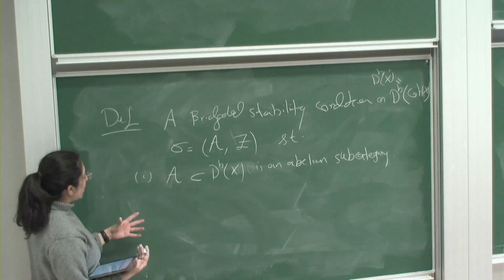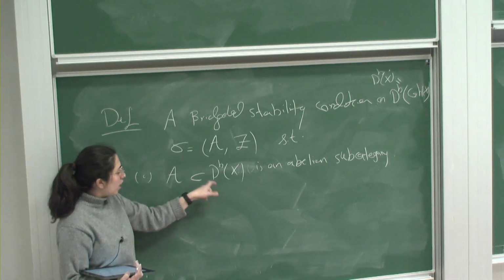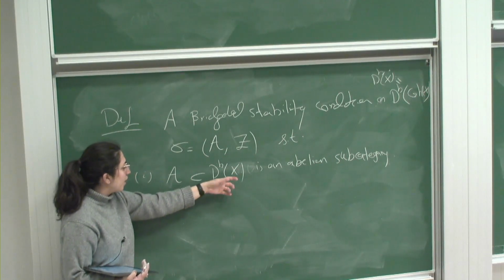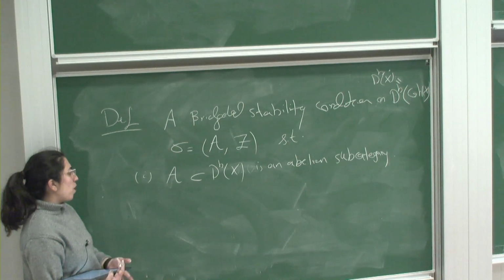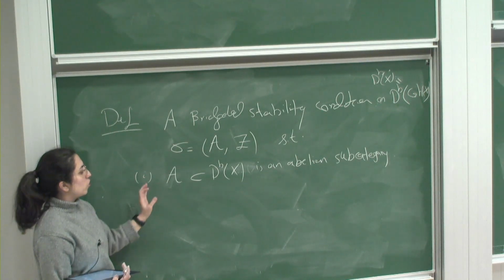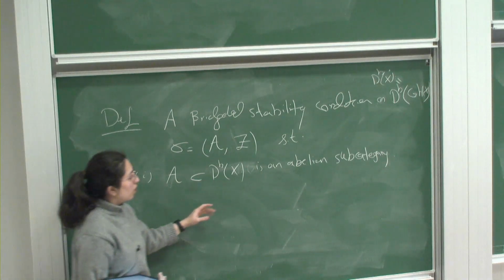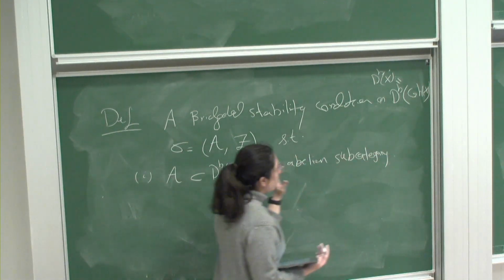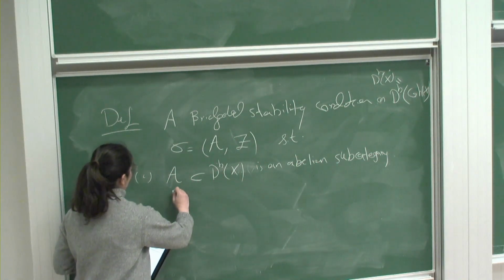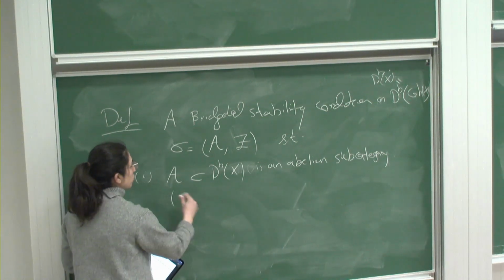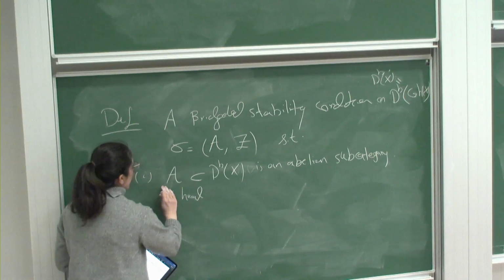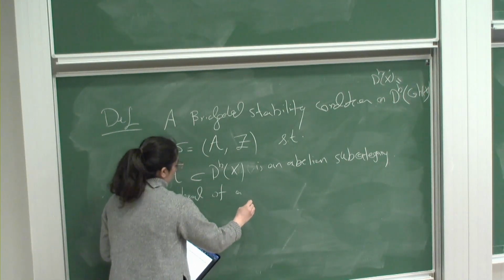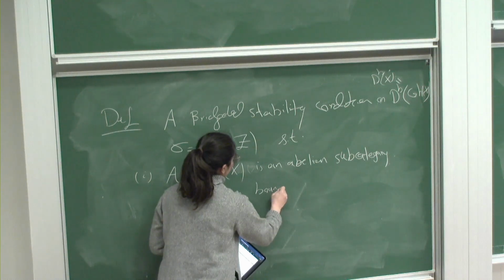I want to make sure that I can obtain any object in this triangulated category via extension of objects in A. That's why we need to assume that A is actually part of a bounded t-structure on this triangulated category. But I don't want to go into those details, because we don't really need it. To be precise about the definition, I just write here that A must be part of a bounded t-structure.